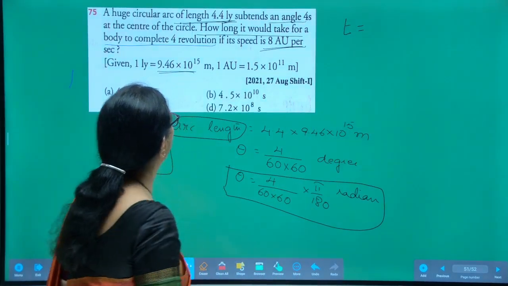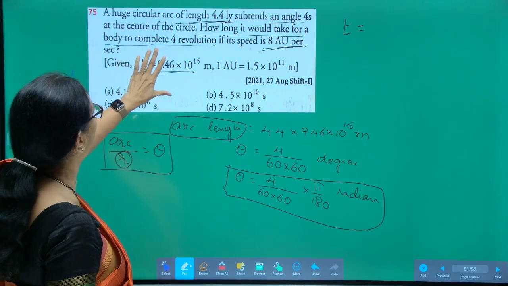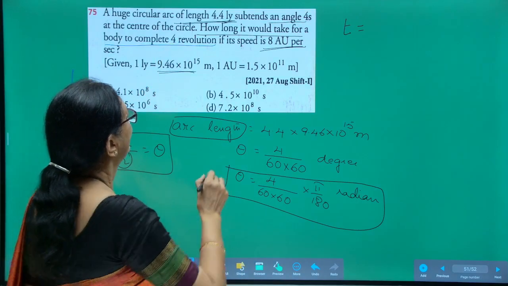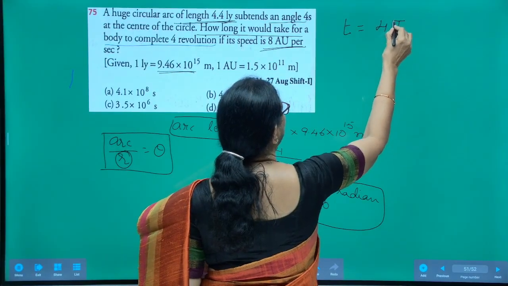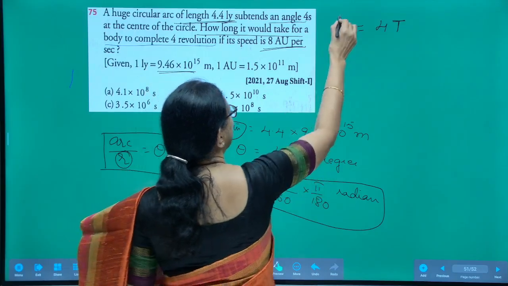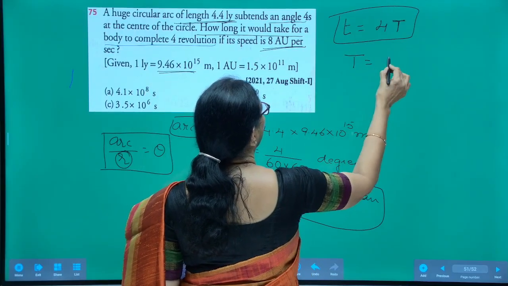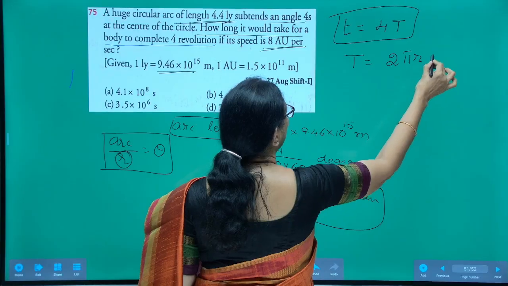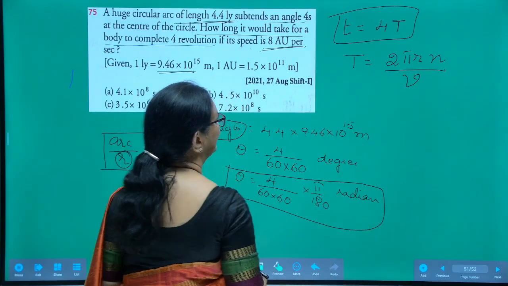Time taken: how long would it take for a body to complete its 4 revolutions? So, time is equal to 4 into capital T, where capital T is the time period. How do you find out the time period? Time period is total distance by speed, 2 pi r n by v.